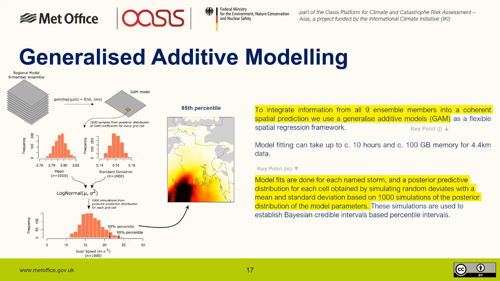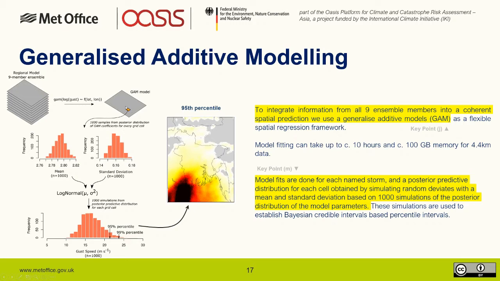This image on the left shows how we progress from our 9-member ensemble up here via a Bayesian interpretation of a generalized additive model to estimate the parameters of the underlying gust speed distribution down here, which in this case is modelled as a log normal distribution.